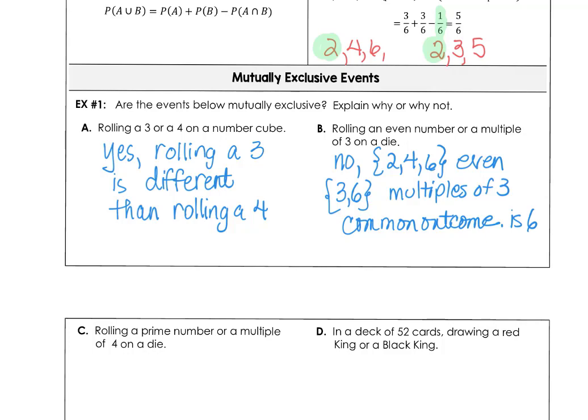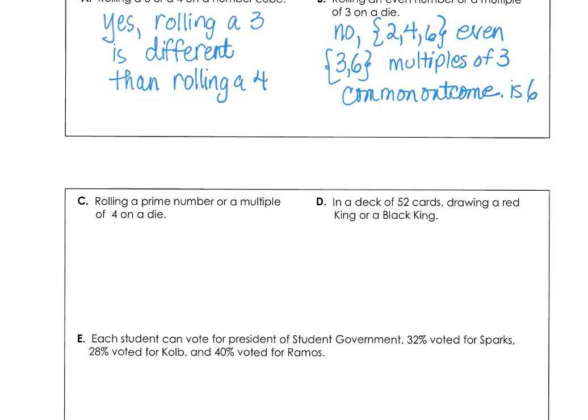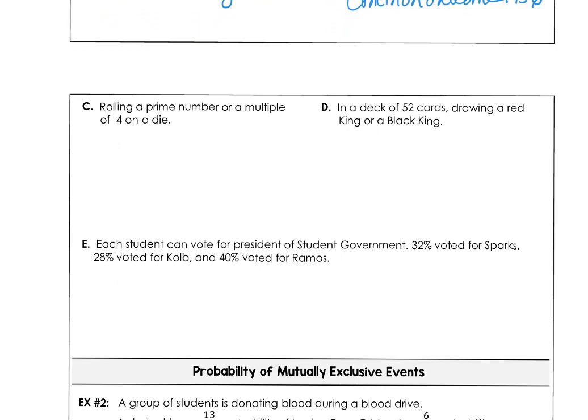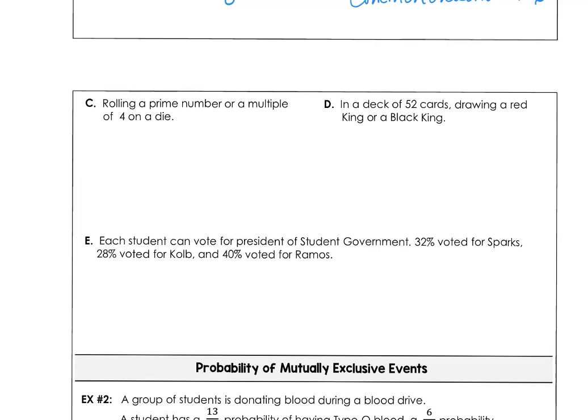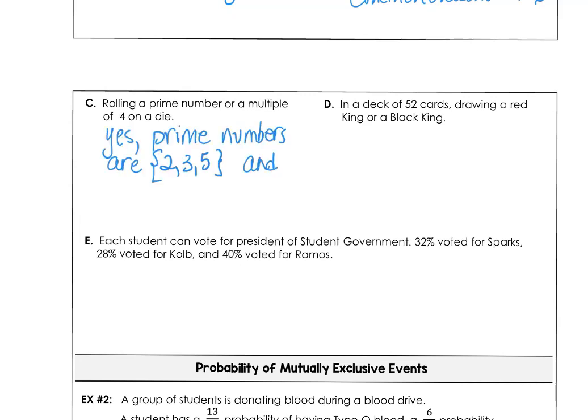On part C, rolling a prime number or a multiple of 4 on the die. So the prime numbers are 2, 3, and 5, and a multiple of 4 would just be the number 4. So we could say, yes, these are mutually exclusive. Our prime numbers are different than 4.